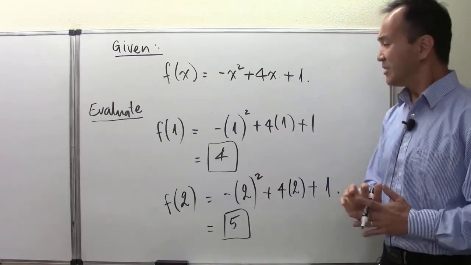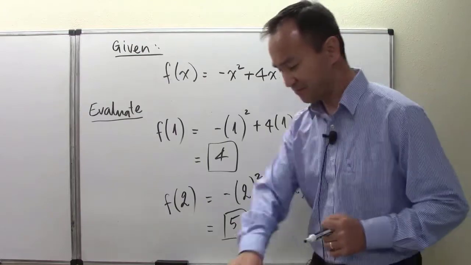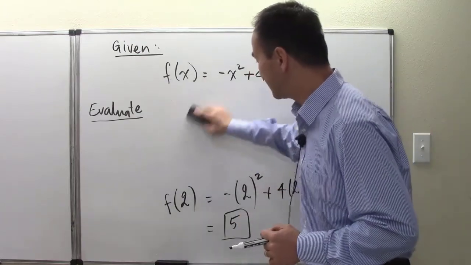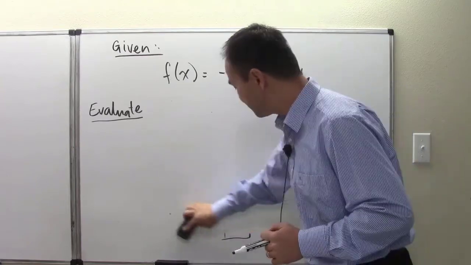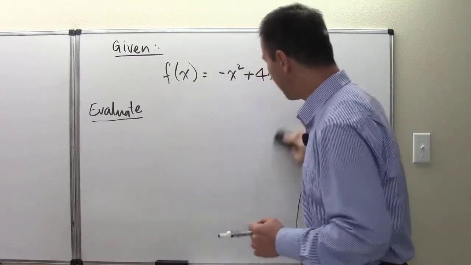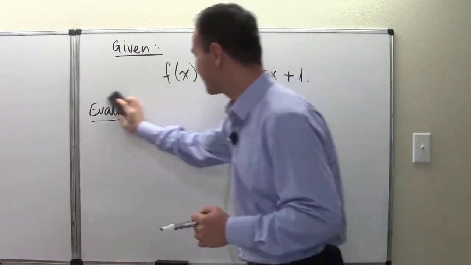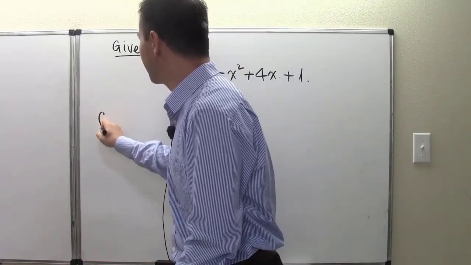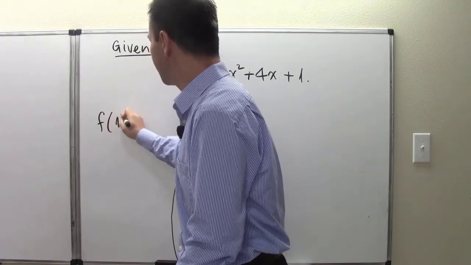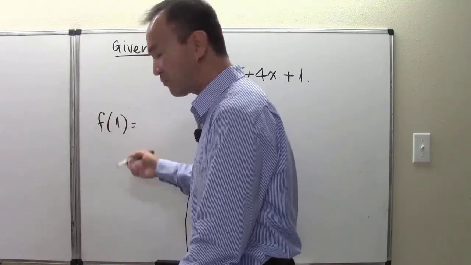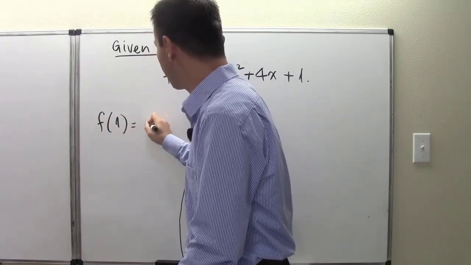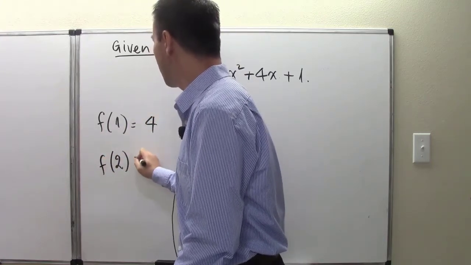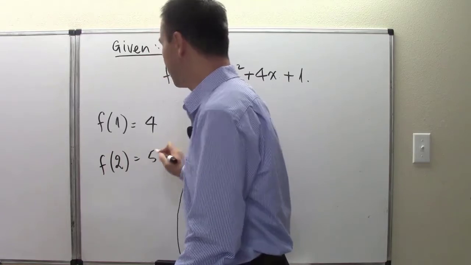So now what we're looking into after all of this work: we came to the following summary. f of 1 equals 4, and f of 2 equals 5.